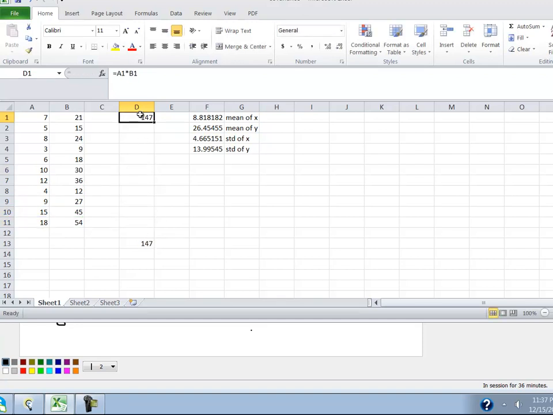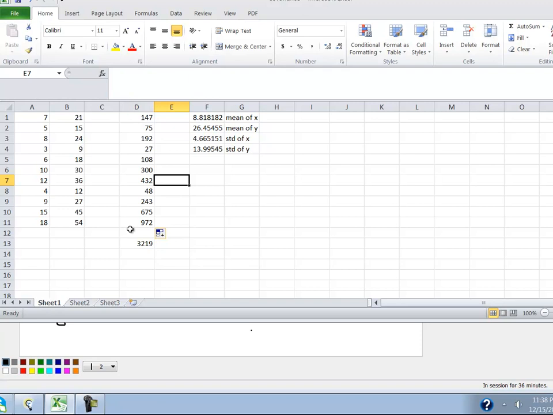For the very first one, I typed in A1 times B1, and that would give me 147. Then if you go to the bottom right hand corner and drag all the way down, it'll fill in the rest of the column for you. So these are all of my xi, yi's.